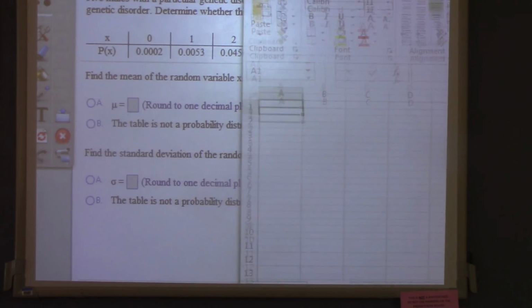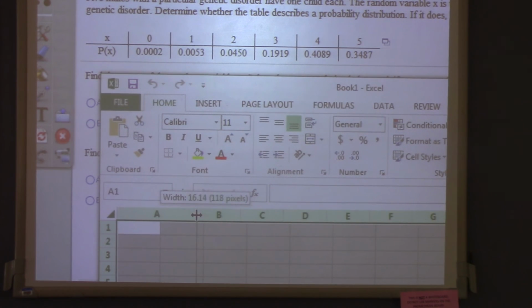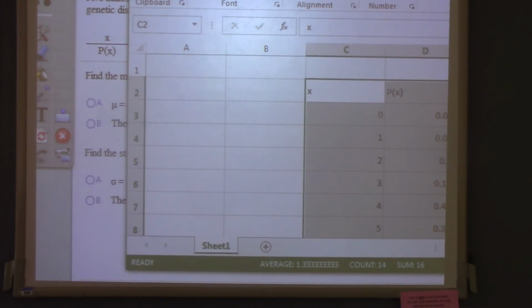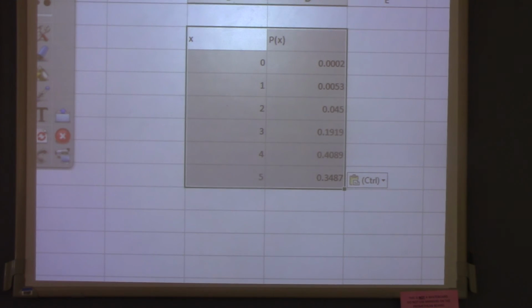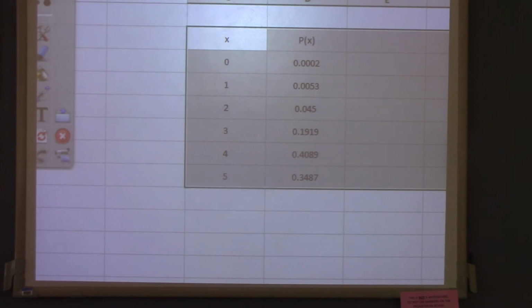I'm trying to get it over where y'all can see. There we go. Find the mean and standard deviation. And go ahead and draw your curve too, just for practice.